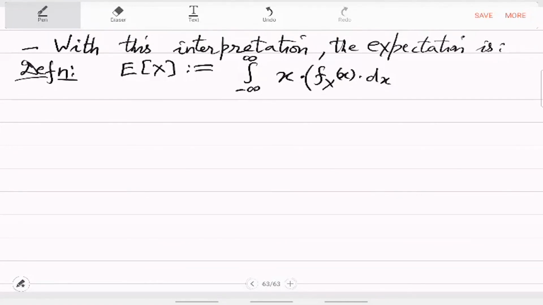What is the probability? That probability is given by f x of x times dx, right. So, this you should think of as the probability, and first thing is the value. So, that is the expectation.